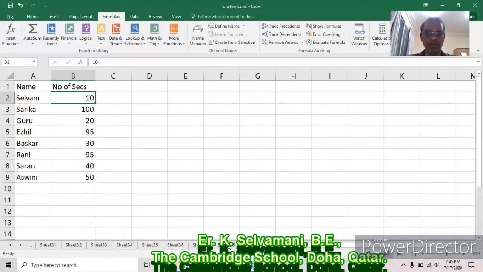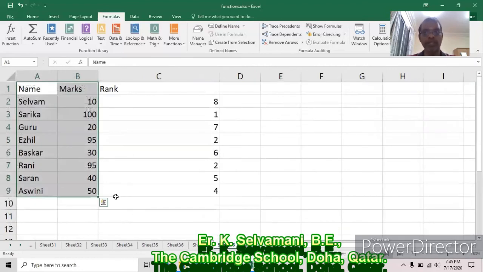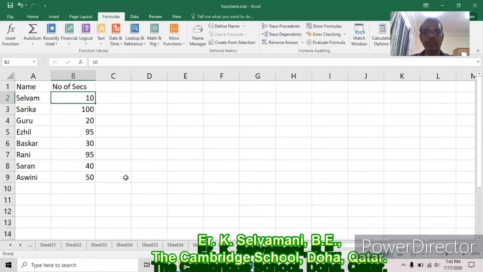In marks, those who score higher get first rank, whereas in a running race, those who come earlier, those who cross the line in the minimum number of seconds, get the first rank. So here Selvam needs only 10 seconds to cross. That is first rank. Second rank, third, fourth, fifth, sixth rank got 95 seconds, 95 seconds. She is the last rank holder.